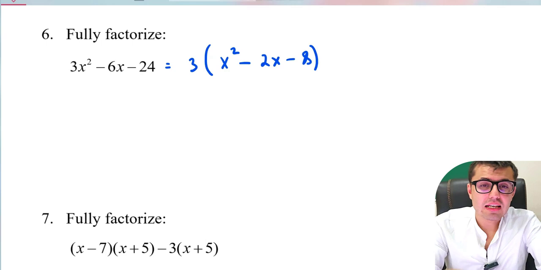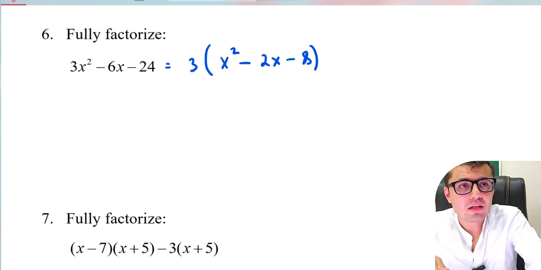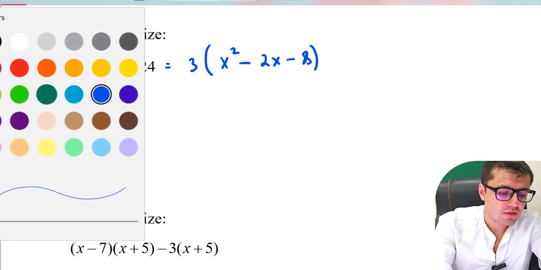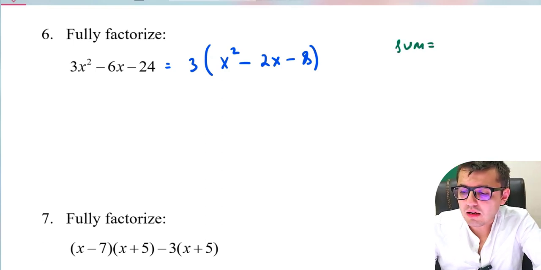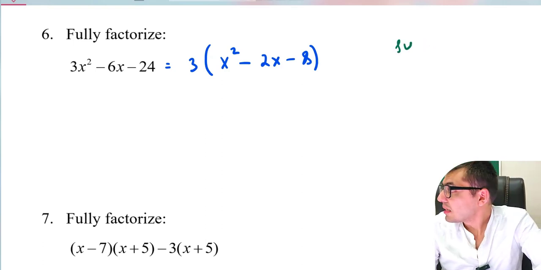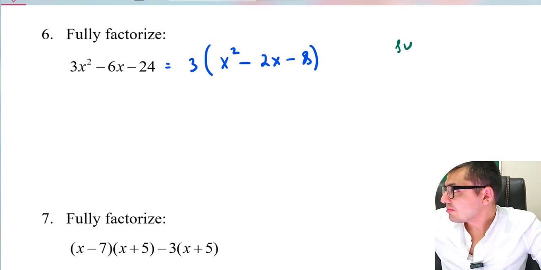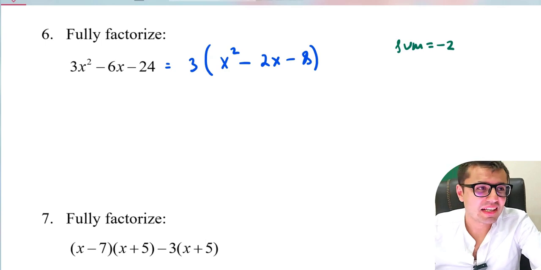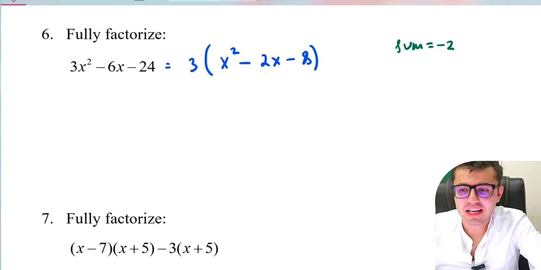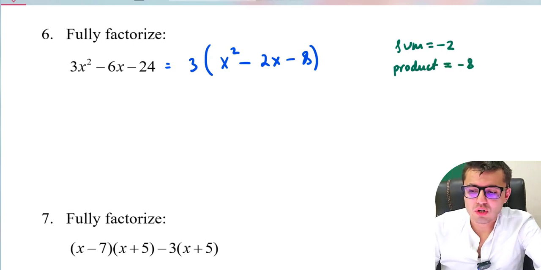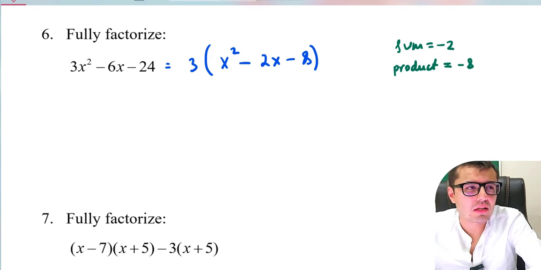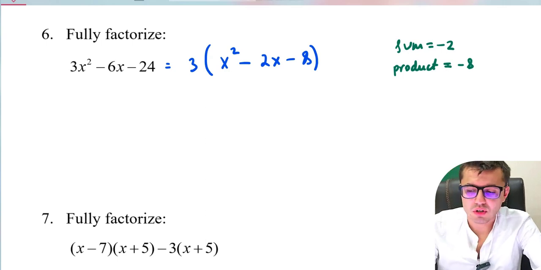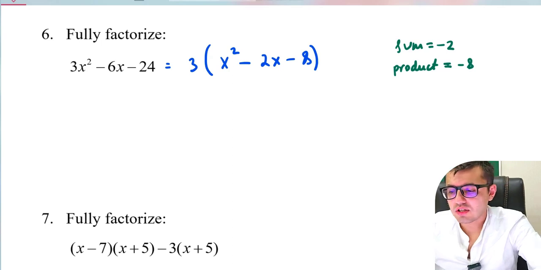The next thing is, remember, the sum and product way. The sum is -2, and the product is -8, right? Then you come up with a pair of numbers that satisfies this condition.